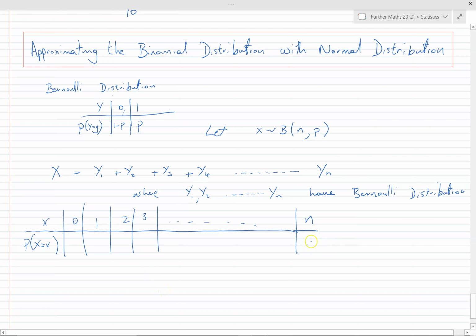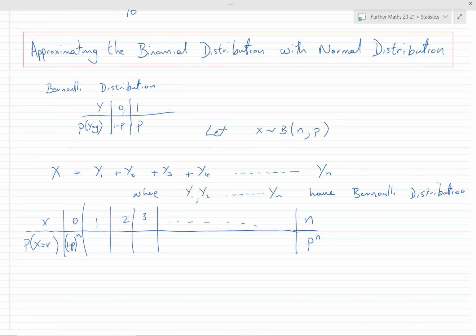This one at the end would require p, n times, and this one here would require 1, n times, and here we'd need 0, n times, and so on. So basically, the binomial distribution can be thought of as the combination of n equivalent Bernoulli distributions.